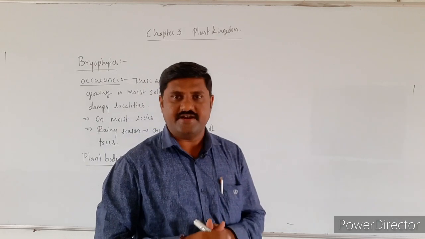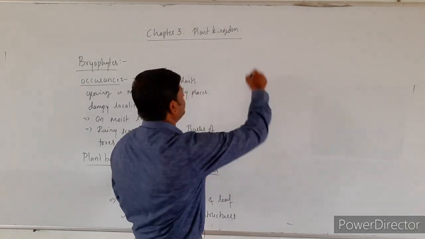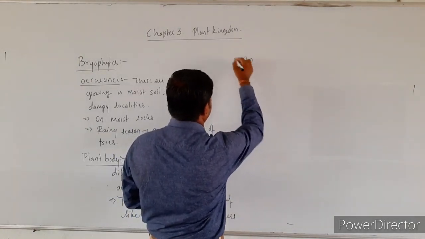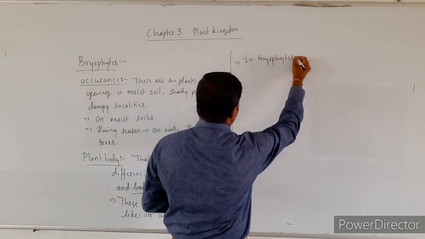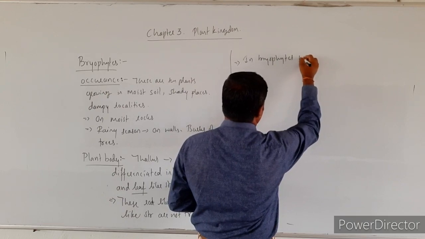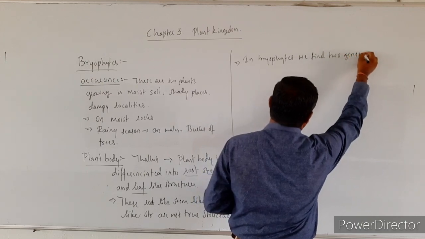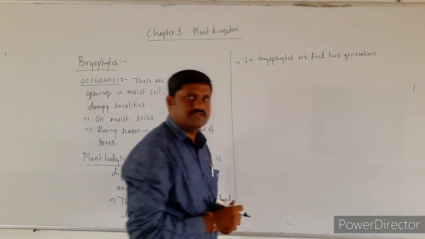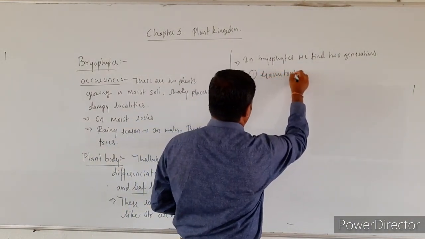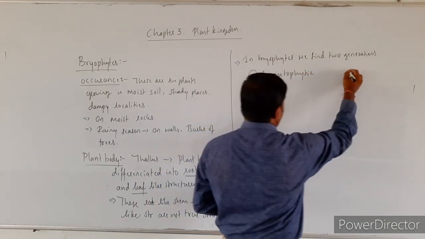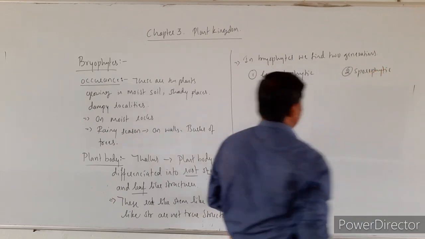In these bryophytes we will see two generations, right? In bryophytes, we find two generations. And those generations are, number one, gametophytic generation, and second one is sporophytic generation.